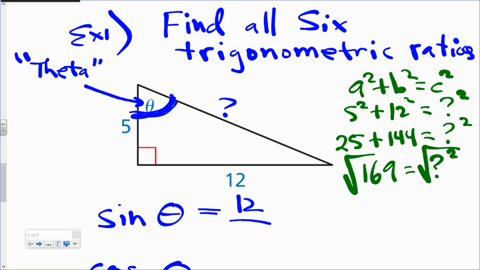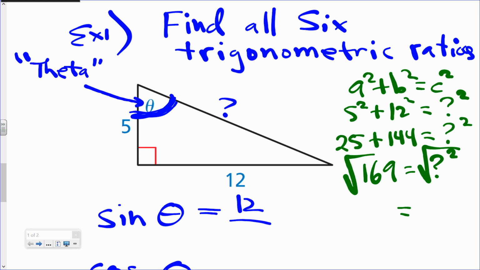Solve for the third side. All right, cool. So A and B are my legs. That's going to be 5 squared, 12 squared. I'll put question mark squared for now, the unknown side. I got 25.